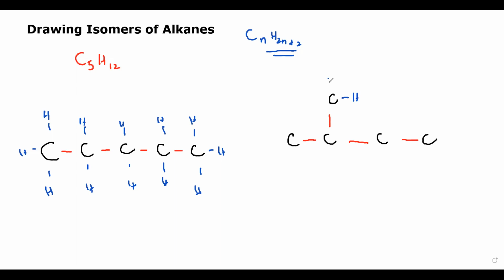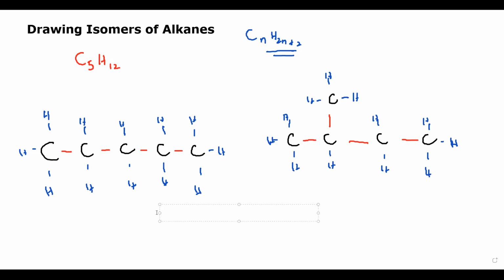This will have 3 hydrogen, this will have 3 hydrogen, this will have 1 hydrogen, this will have 2 hydrogen, and this will have 3 hydrogen. So we draw the two structures. These two are known as isomers. Isomer means they have the same molecular formula but different structure.